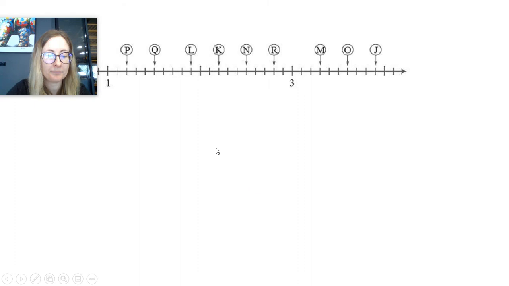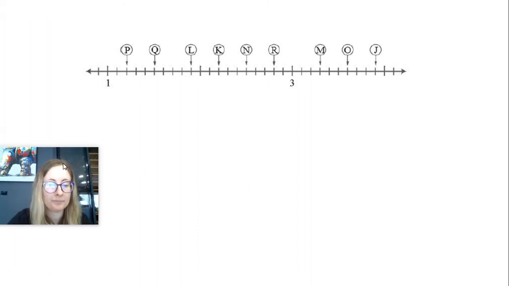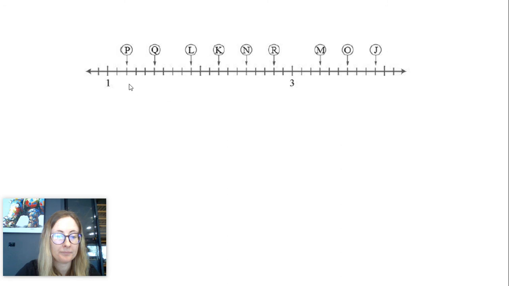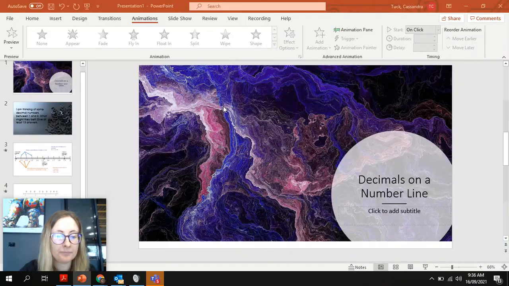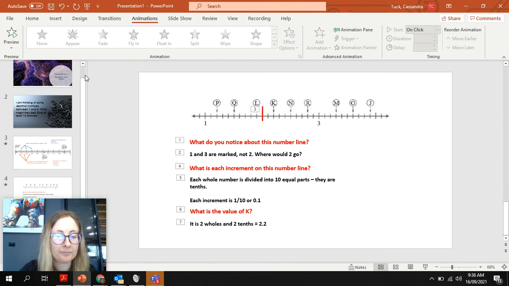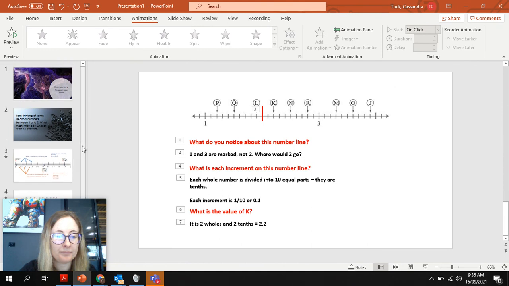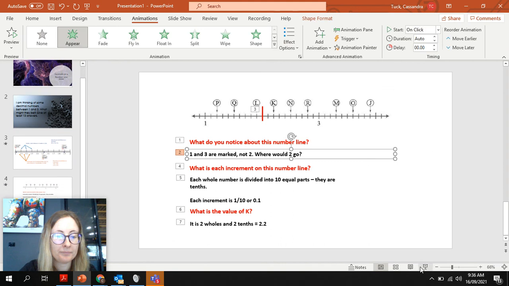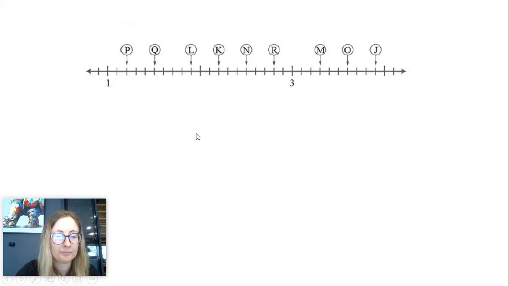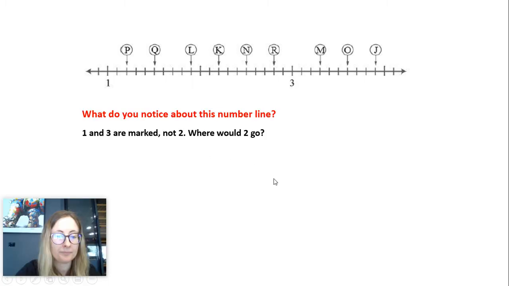My screen seems to have frozen. There we go. Okay, so for our next number line, it's a little bit different because this time you can see that we have a 1 and then we have a 3. And you might notice that 2 is not marked on there.